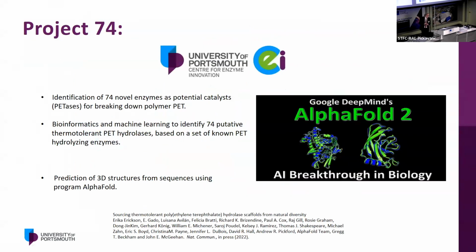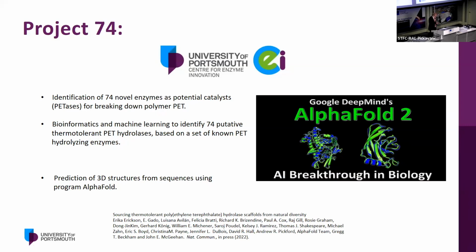At Portsmouth, a lot of work has been done trying to generate new enzymes. This work, known as Project 74, identified 74 novel enzymes that can potentially break down PET. They used bioinformatics and machine learning to try to find these brand new PET hydrolases.